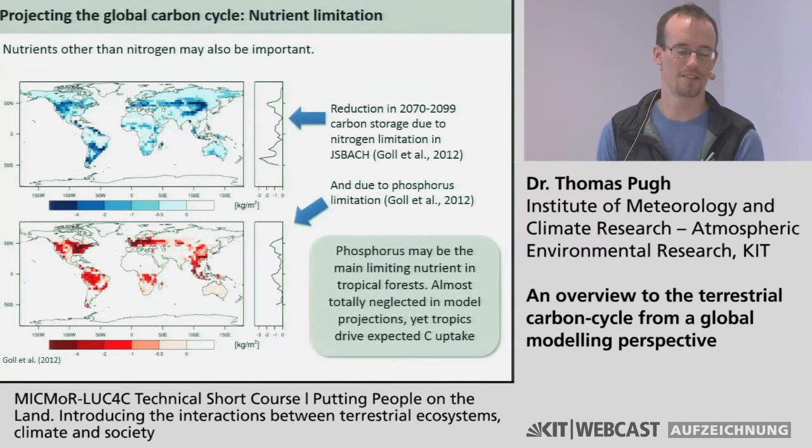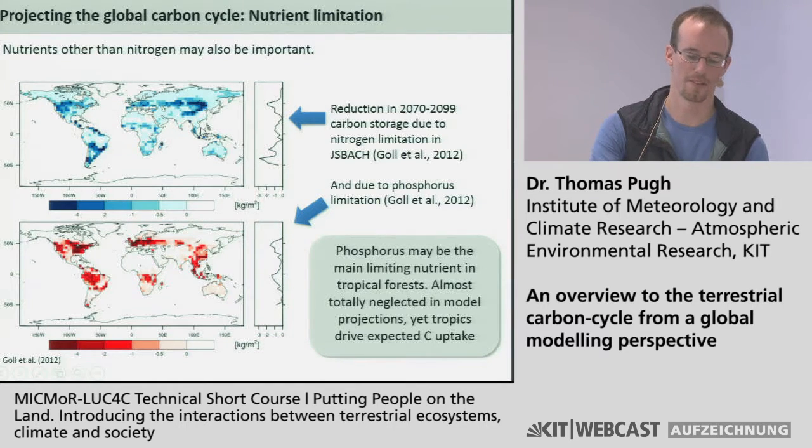Just want to touch on that nitrogen isn't the only important nutrient. This is some work done in the MPI in Hamburg by Daniel Goll. The top plot shows nitrogen limitation spatially across the globe at the end of this century in a strong climate change scenario, and you see that most of the nitrogen limitation is in the mid latitudes, and there's not so much in the tropics.